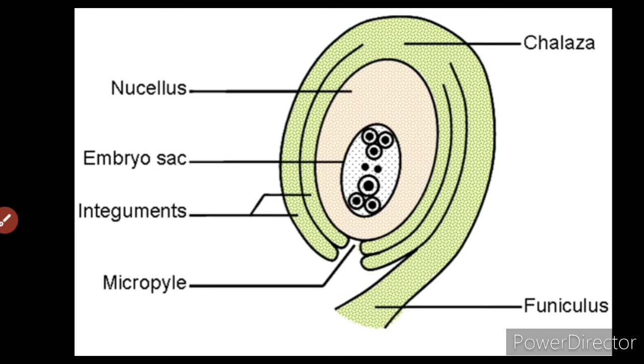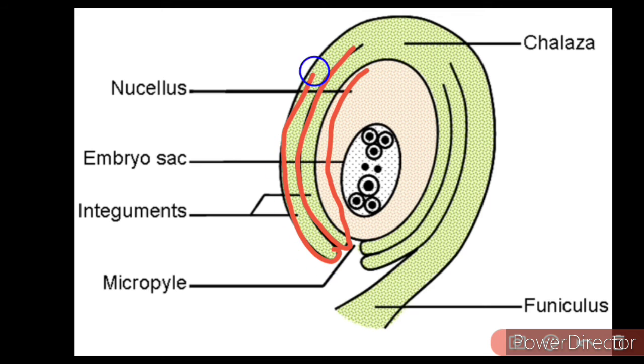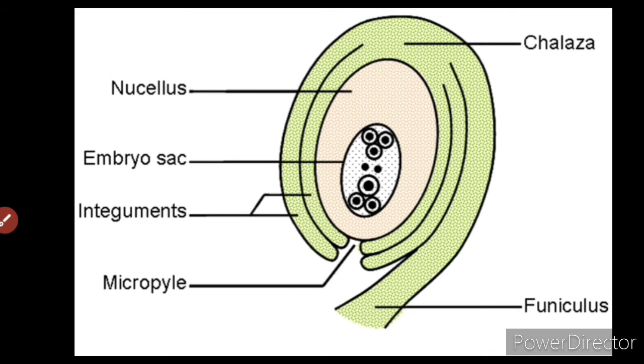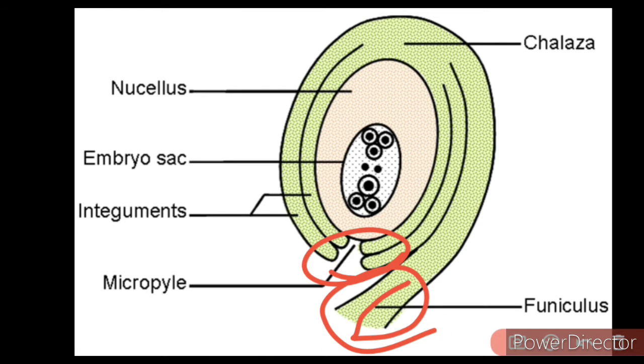Here you can see two layers, isn't it? This is one layer, and here you have the second layer. So these two layers of integuments leave an opening. This opening is called the micropyle. The ovule is attached to the ovary with the help of a stalk called the funiculus.